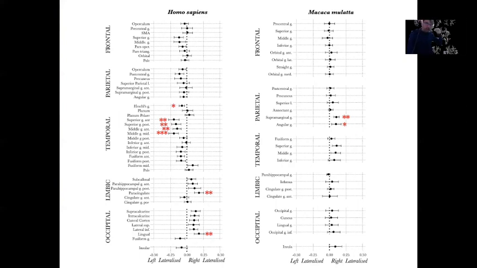In comparison, in monkeys, there is no stronger left variability in the macaque brain, but some areas are more variable in the right hemisphere than in the left hemisphere, particularly in the parietal lobe, where the supramarginal and the angular gyrus are more right lateralized in terms of variability compared to the left hemisphere.